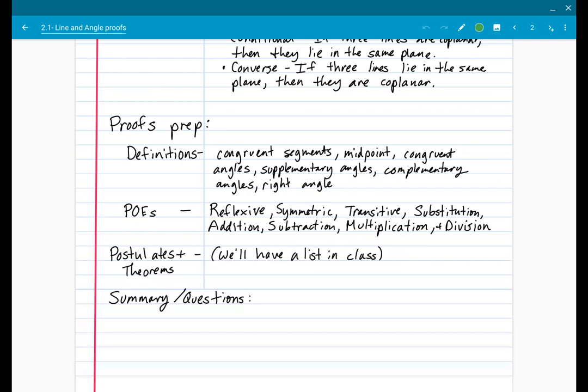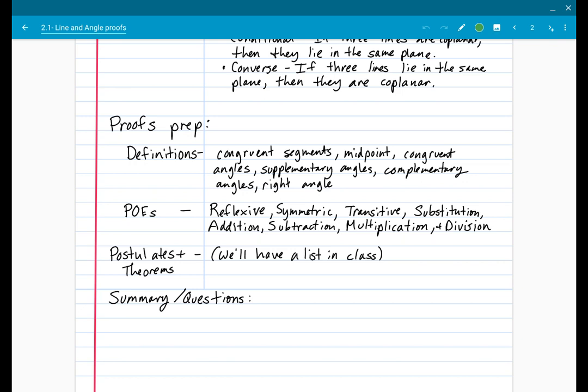Now, some things that you're going to need for class, and you might want to review if any of these sound unfamiliar, are your definitions. We're going to need to know what congruent segments mean, midpoint, congruent angles, supplementary angles, complementary angles, and right angles. If you don't remember any of those words, please look up their definitions.